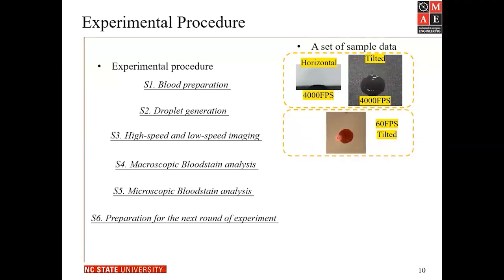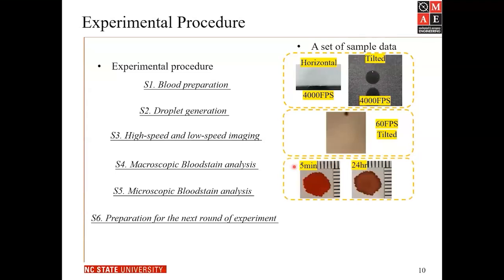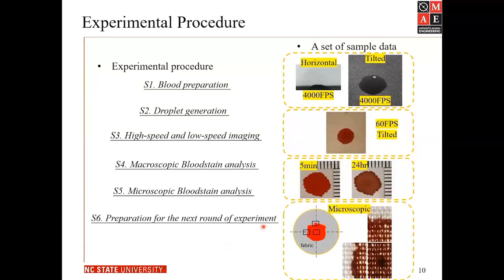As you can see, the wicking can be recorded for a relatively long time. Then we use a digital camera to capture the stain 5 minutes and 24 hours after the impact. Finally, we put this under the microscope, and we can take images of the stain at different areas of interest, so we can compare the different conditions for later analysis.